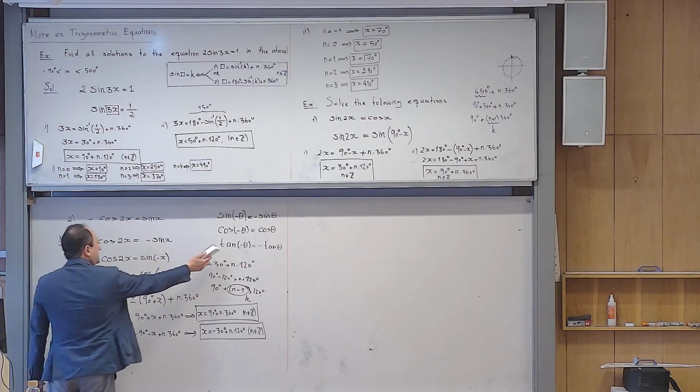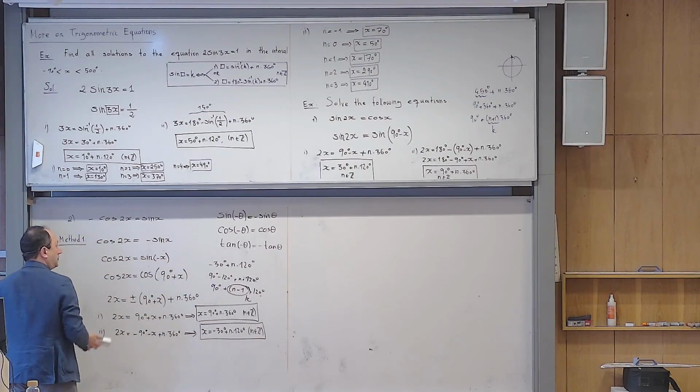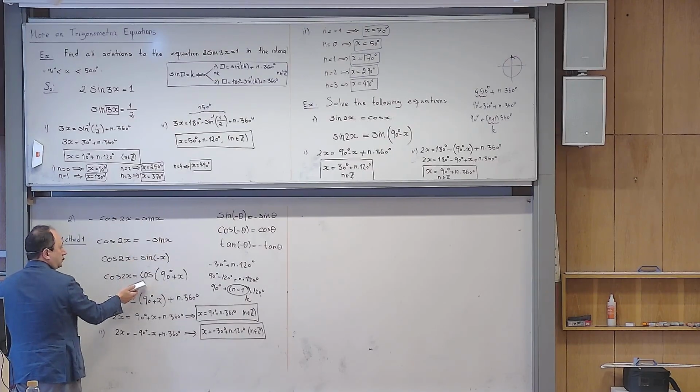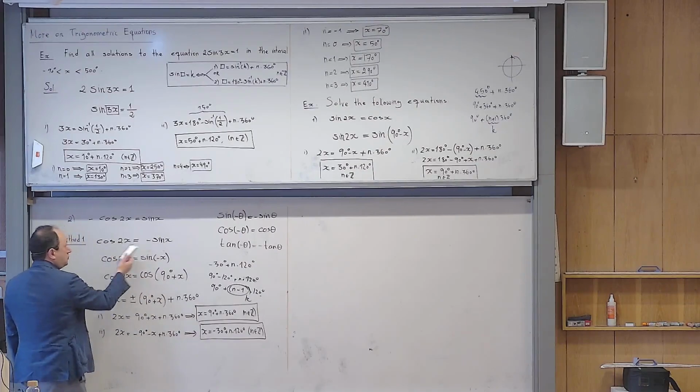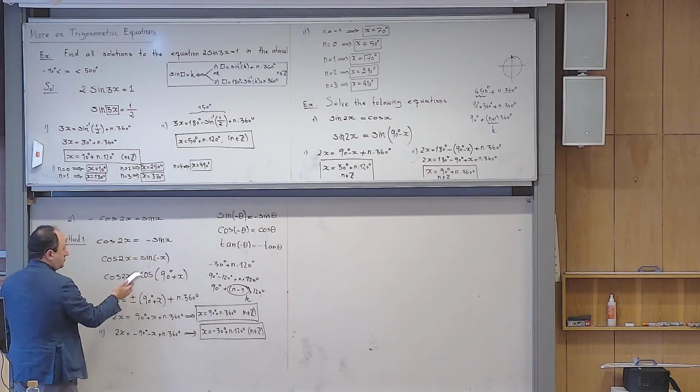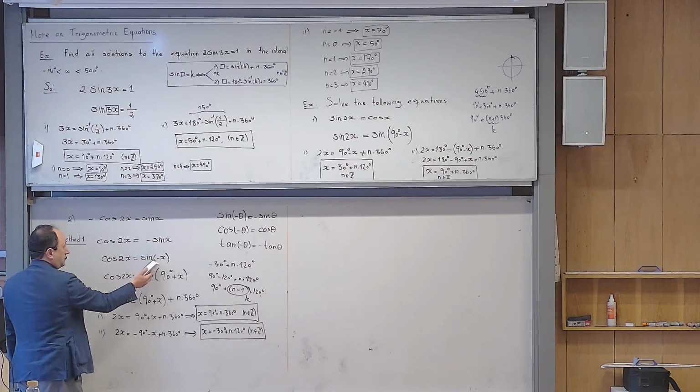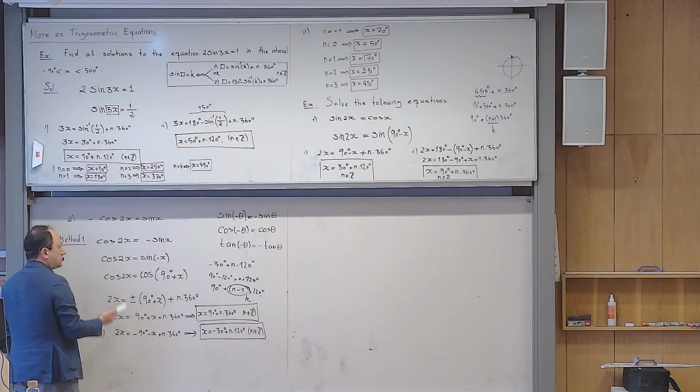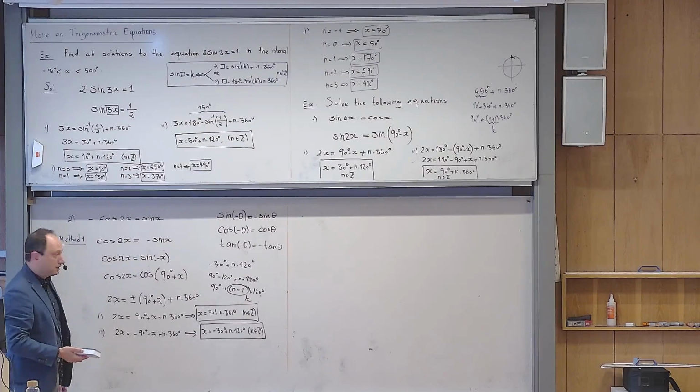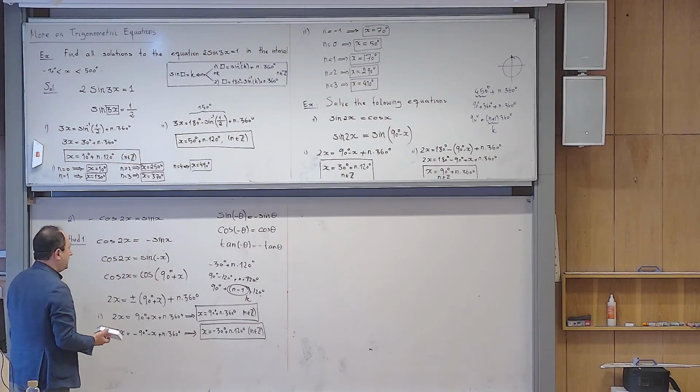I used this idea and I used writing sine as a cosine using the complementary angle theorem. You can do the same idea, but instead of changing sine to cosine, you can keep sine and change cosine to sine. Yes? That is also possible.